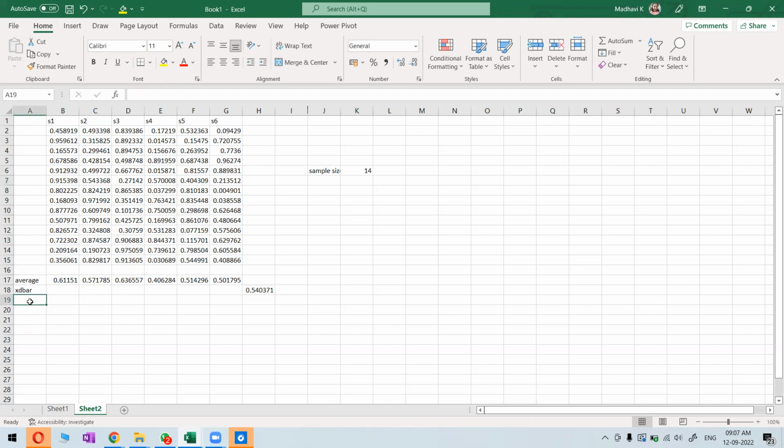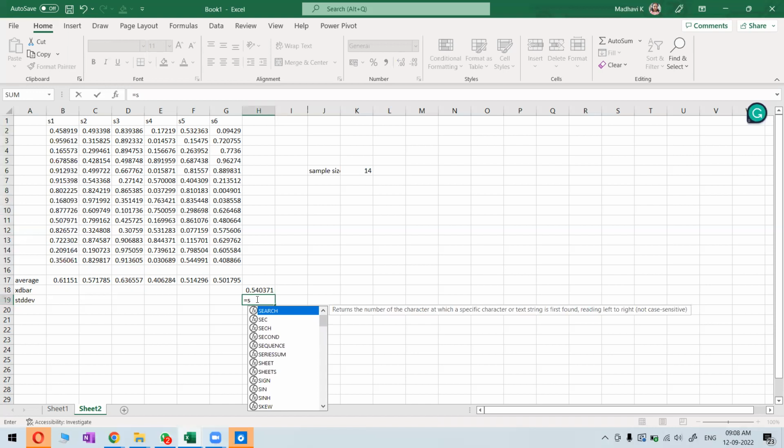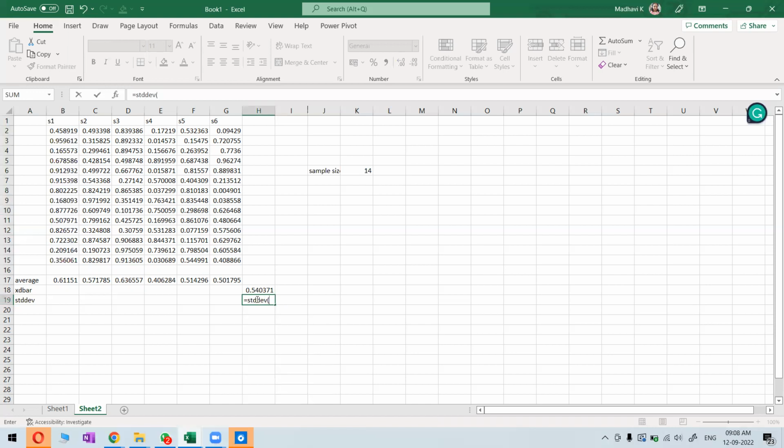And for this one, we first identify the standard deviation. Equal to STD of these values.